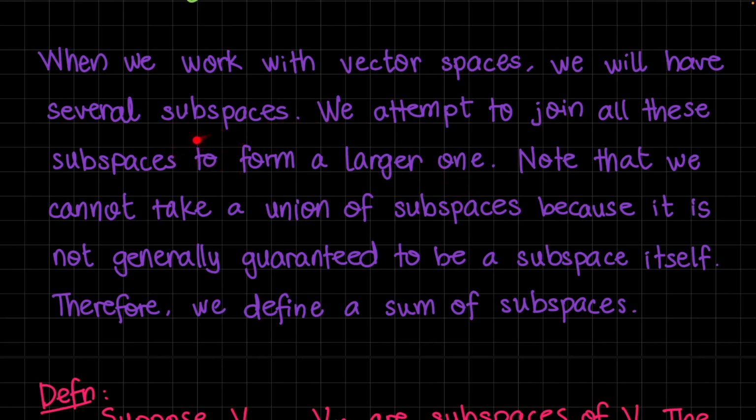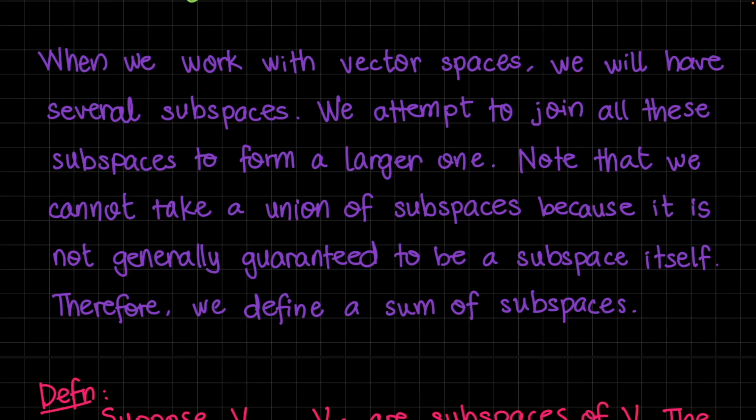But here you have subspaces, which means they're not just subsets, they're also subsets which preserve the algebraic structure from the vector space that they're inheriting it from. So we need an operation that actually respects this algebraic structure and not just the set.